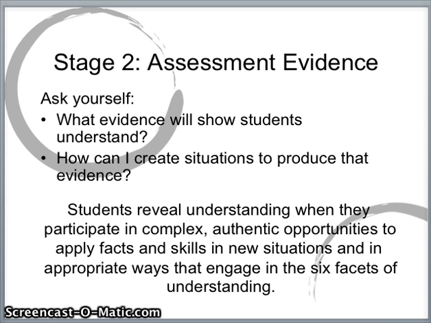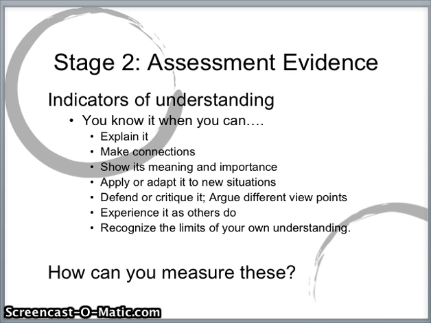Okay? Basically, students are going to reveal deep understanding when they participate in complex, authentic opportunities to apply the facts and skills in new situations and in appropriate ways where they can get to the 6 facets of understanding. Basically, authentic assessment, real-world examples. All right?